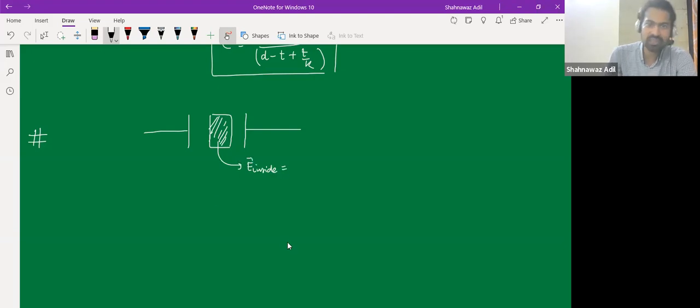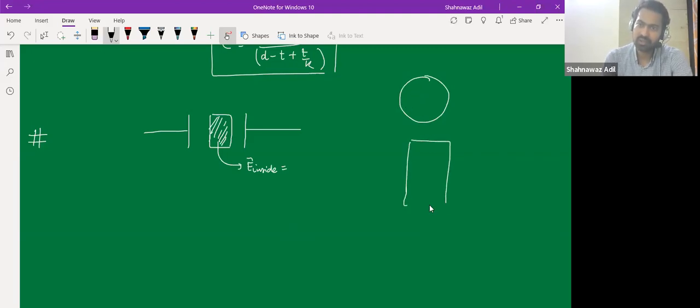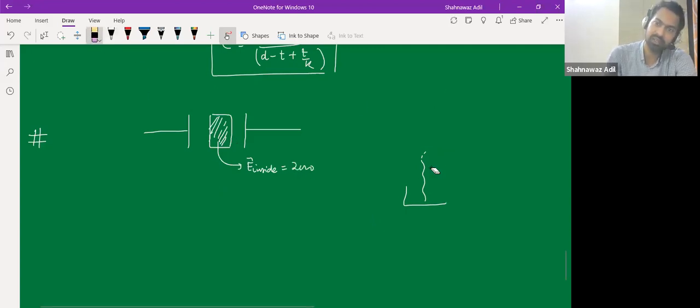What is the electric field inside the conductor? Do you guys remember? Do we have any charges inside? Zero. So this is zero, right?